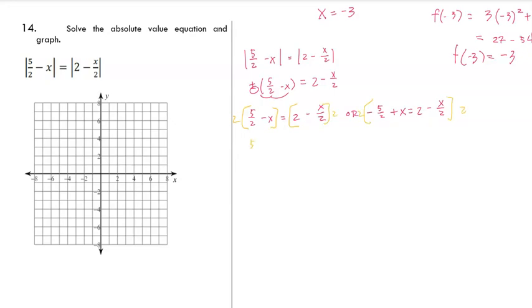So that's 5 minus 2x equals 4 minus x, or negative 5 plus 2x equals 4 minus 2x. Okay, and then 5 minus 4 equals 2x minus x, so x equals 1.